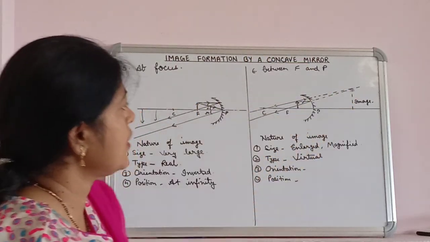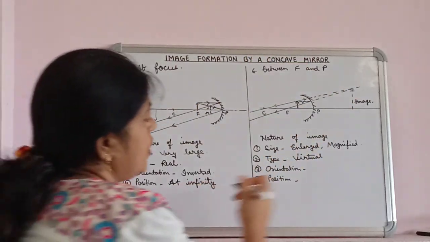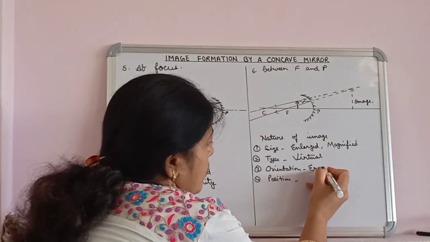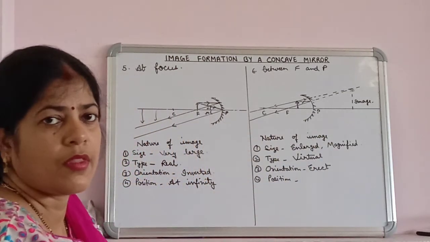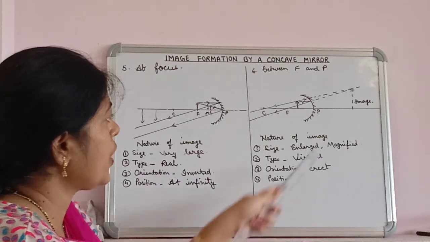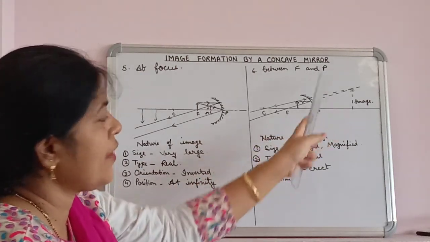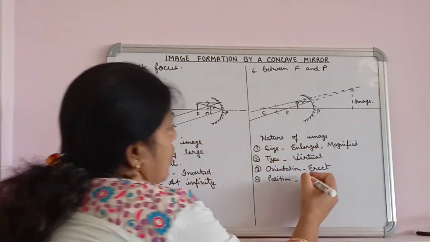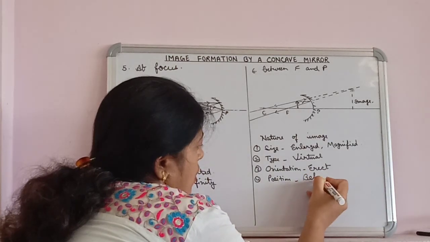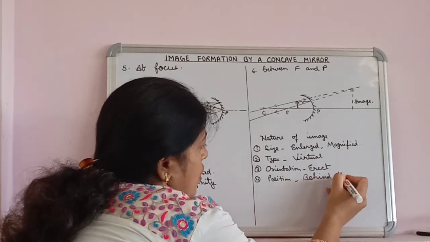So this is not an inverted image, this is an erect one. Right? And the position, you can see it is formed behind the mirror.